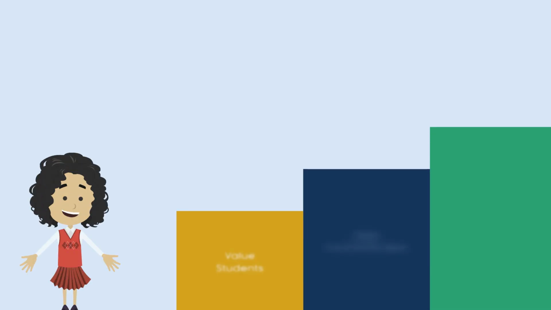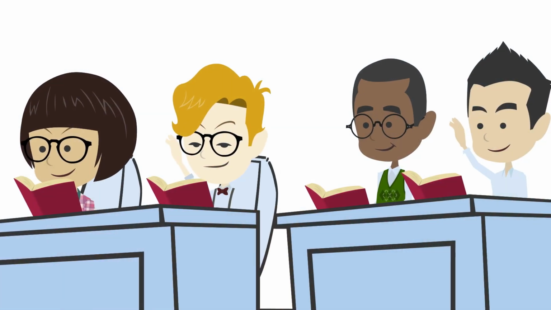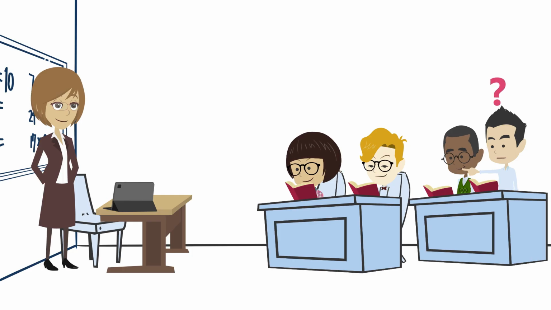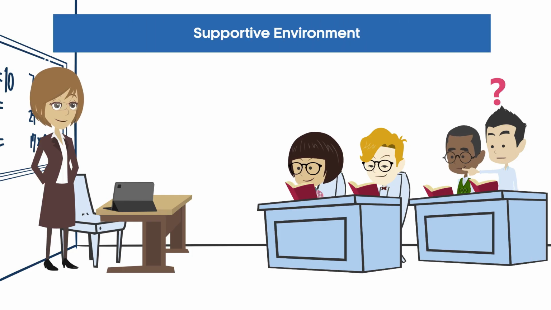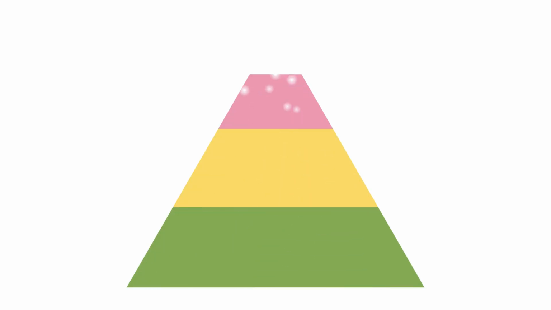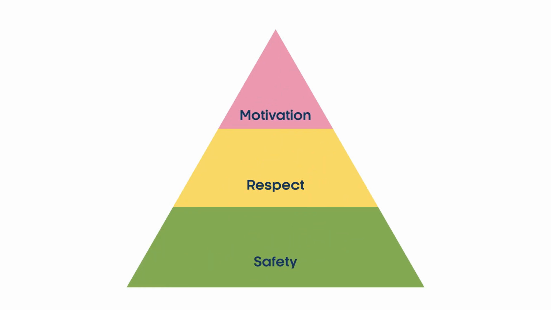When students feel their teacher values them as individuals, they become more open and engaged. A teacher who demonstrates warmth and kindness creates a supportive environment, encouraging students to express themselves and ask questions without fear of judgment. This emotional connection forms a foundation where students feel safe, respected, and motivated to learn.